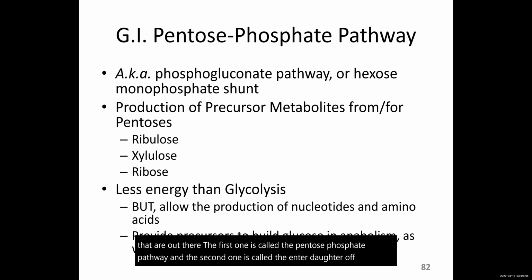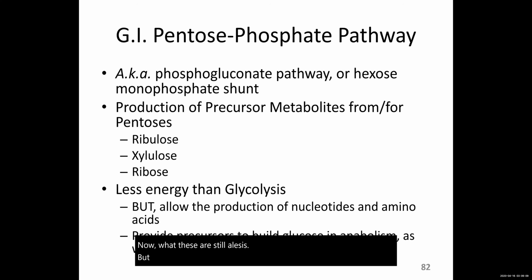These are still glycolysis, but they vary a little bit. For example, the pentose phosphate pathway utilizes pentoses, so five-carbon sugars instead, like ribulose, xylulose, ribose, that kind of thing. They still undergo glycolysis, but they produce a little bit less energy.